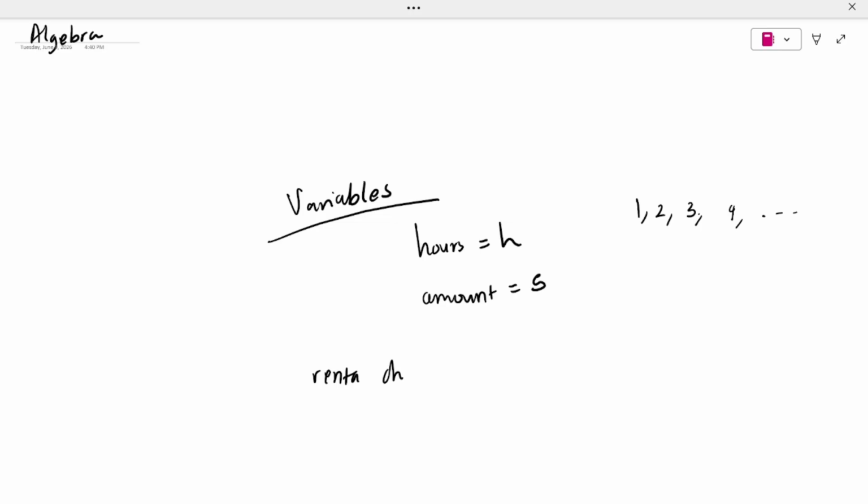Let's say this amount, we call it rental charge, is equal to the amount of the book to borrow per hour, times the hours which you have used.